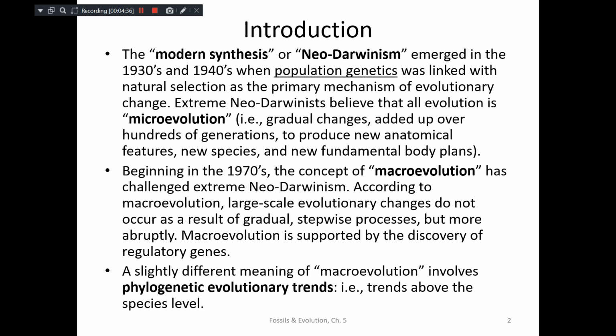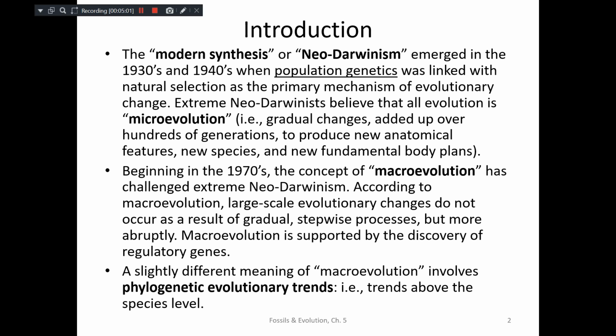It will take thousands of years or hundreds of generations to produce a new change. But in the beginning of the 1970s, instead of microevolution, macroevolution became popular and it challenged these early concepts of neo-Darwinism.